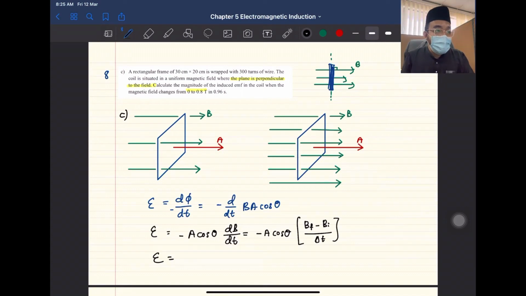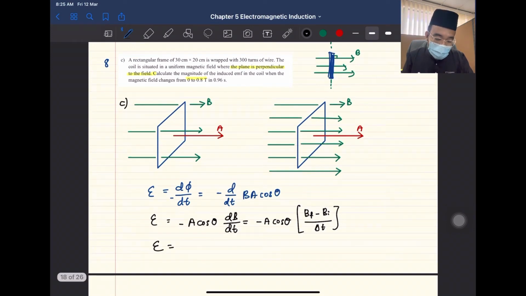If I want to solve, negative A is actually equal to, where is the question? 30 times 200. And then obviously you have to change to meter. I forgot to write N.